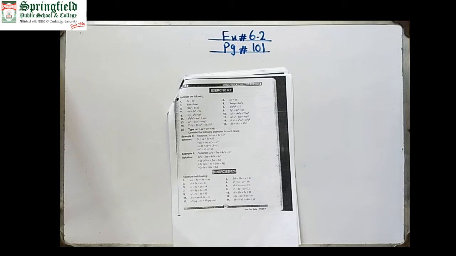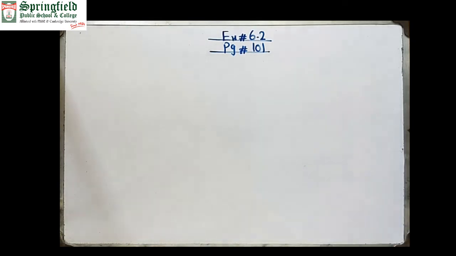Factorize means a procedure in which we make the factors of algebraic terms. We can factorize algebraic terms by many methods, but here we are talking about just one method, and the first method is taking the common. How we can factorize algebraic terms by taking the common, I will tell you today.